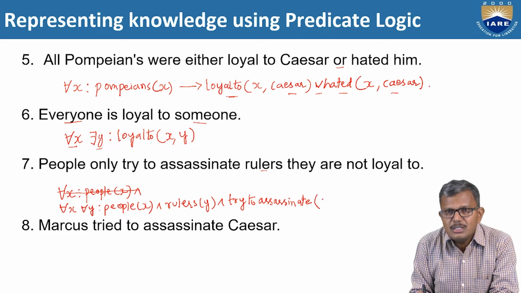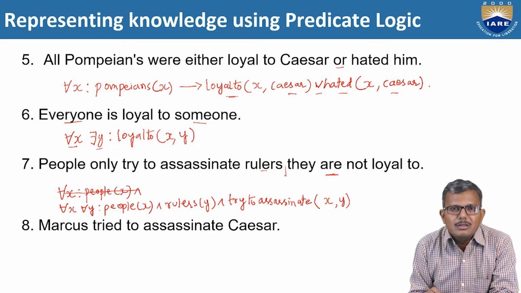Who is trying to assassinate whom? X means people are trying to assassinate Y, and Y means here rulers. And one more thing is also there: are not loyal to. Of course, this representation is only up to this particular part, but we have not yet represented this part of the sentence.